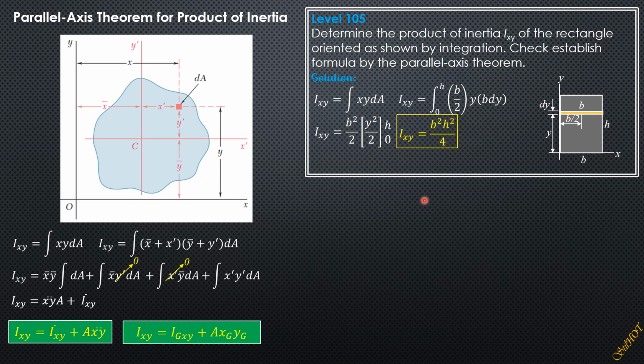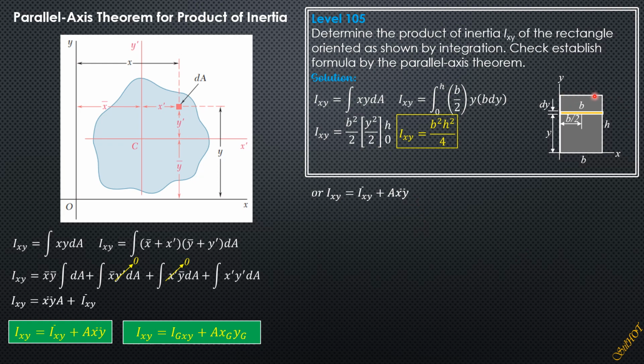So that's the product of inertia of a rectangular area with respect to the xy axis, if the rectangular area is oriented as shown. Then if we use the parallel axis theorem, Ixy equals I barred xy plus area times barred x barred y.